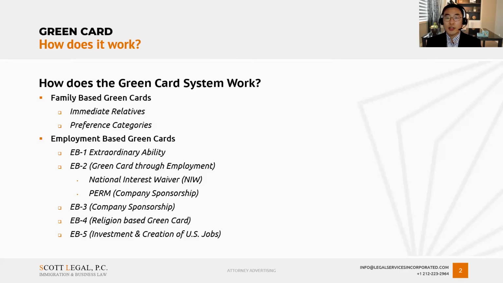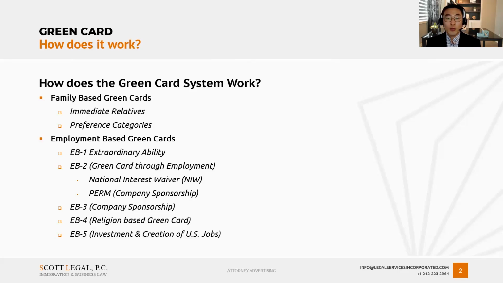The US green card system is primarily broken into two ways. One is family-based and the other one is employment-based. Under the family-based, the immediate relatives category is for the US citizen spouse, unmarried children under the age of 21, and parents if the sponsoring citizen is over 21. And preference categories have multiple subcategories.